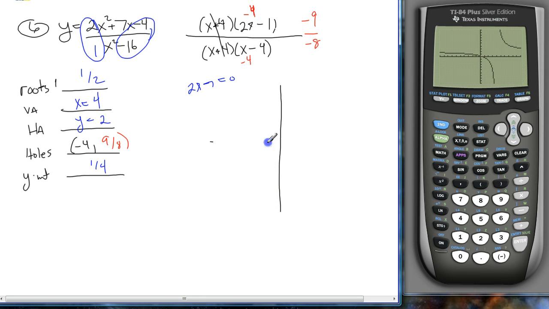So let's put this all together. What do we got here? We have vertical at positive 4. Horizontal at 2.